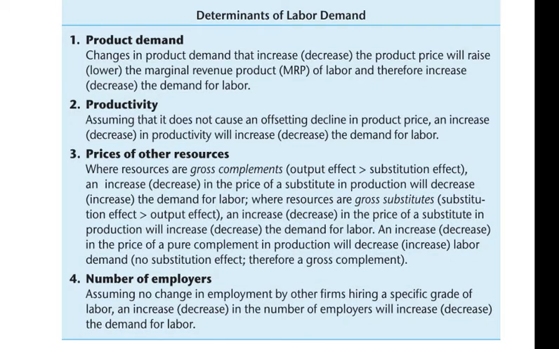Here are some of them. Number one, when there is a change in the product demand for what is produced by this type of worker. Let's say there is higher demand for a certain type of product produced by our workers.